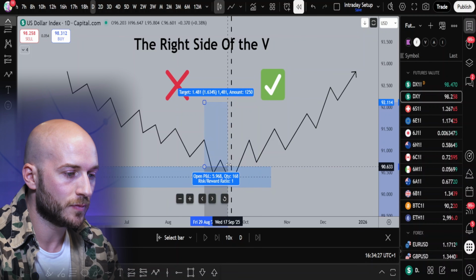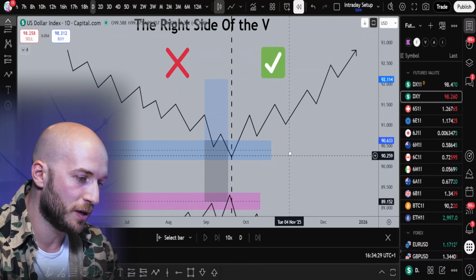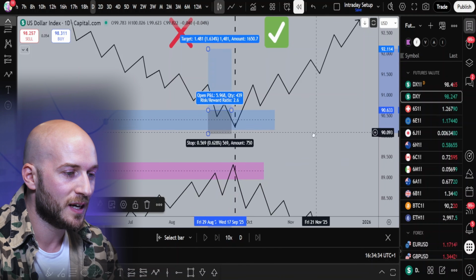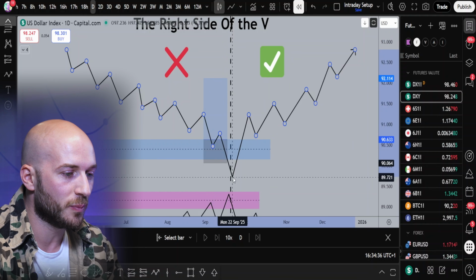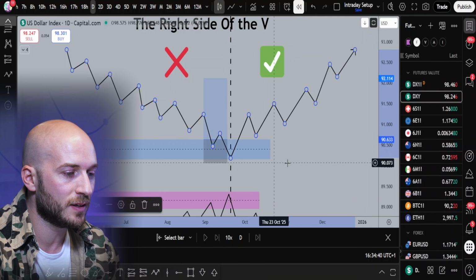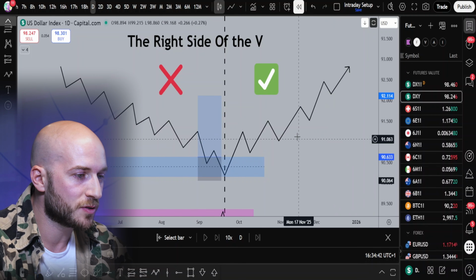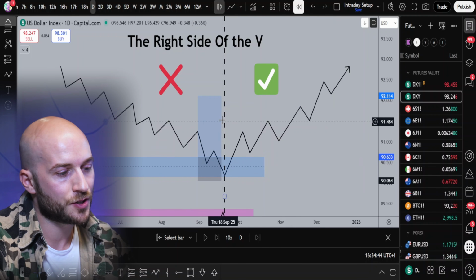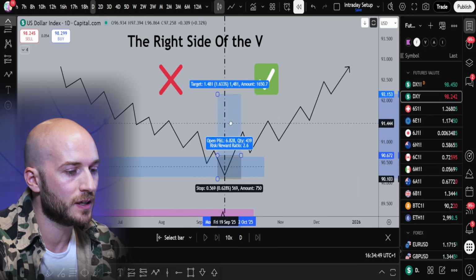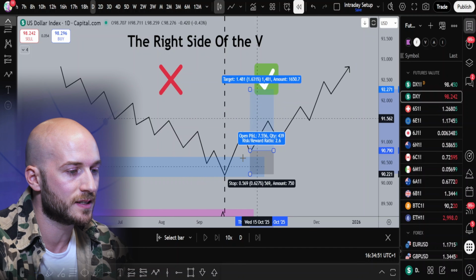I never do that. I used to, but sometimes the price, boom, drops, and after that goes up. So I said, okay, I cannot work like this, and this is a concept from Lance. Lance teaches, okay guys, just wait for the right side of the V and try to catch a trade in this zone.